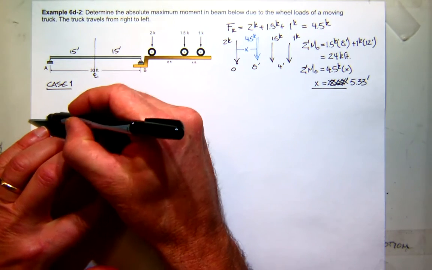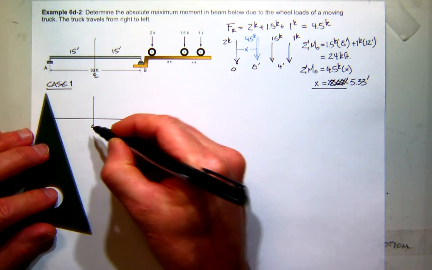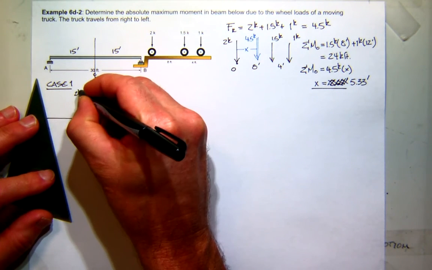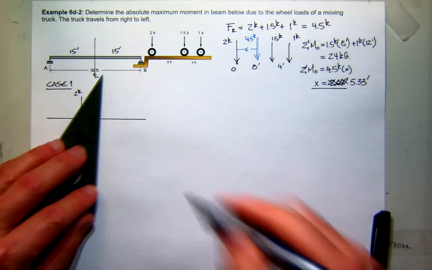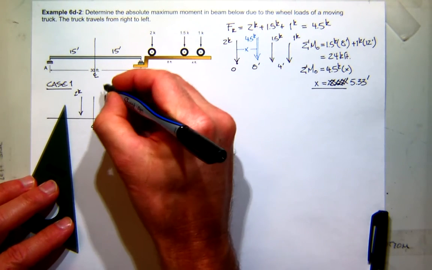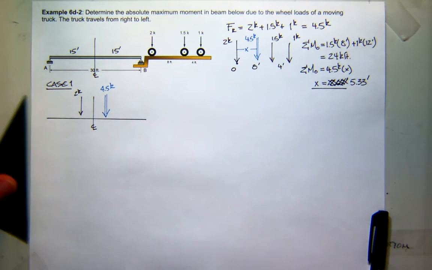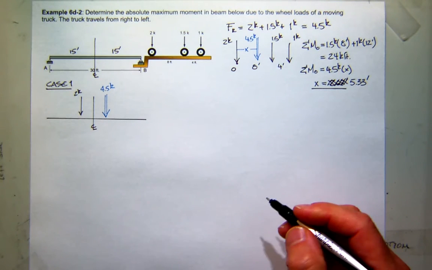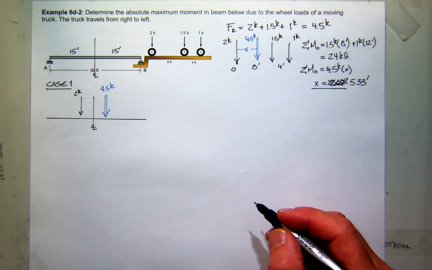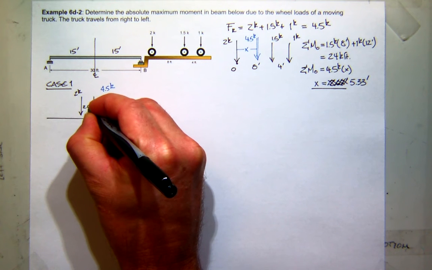So that would look something like this. So I'd have my 2 kip force and then equidistant back to the 4.5 kip force. And that distance is going to be 5.33 divided by 2. Is that the 2.67? Okay, so that's going to be 2.67.